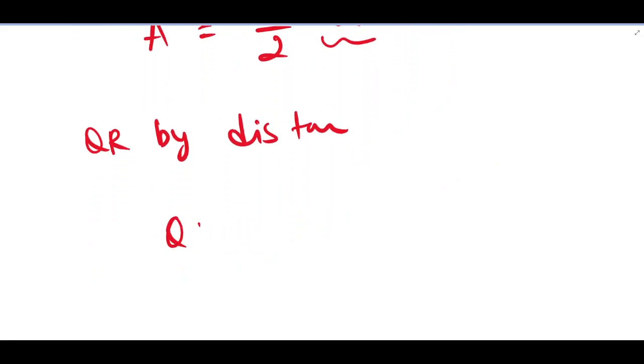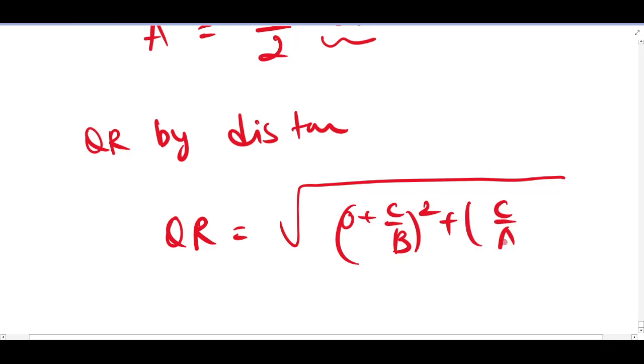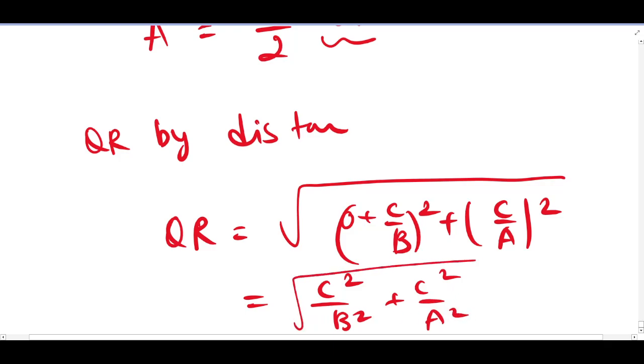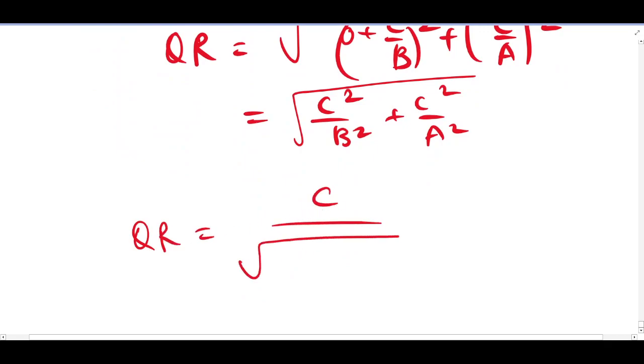QR is given by root of c square by b square plus c square by a square, which is equal to c by root of a square plus b square.